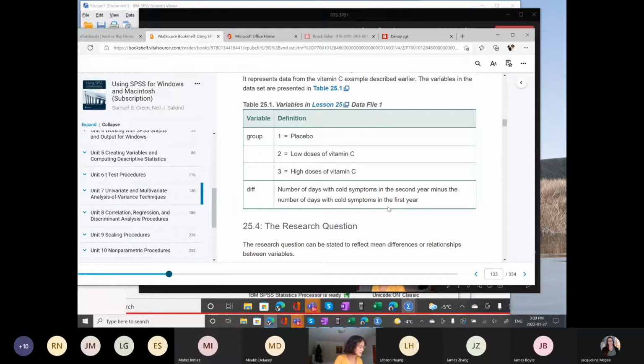That is the meaning of another variable, difference. And we want to see if this difference is the same or different across the 3 groups. We measure the difference variable to see if they are the same or not the same.